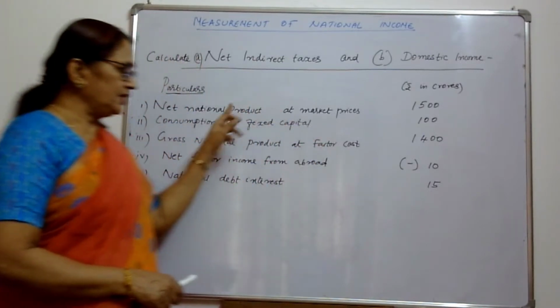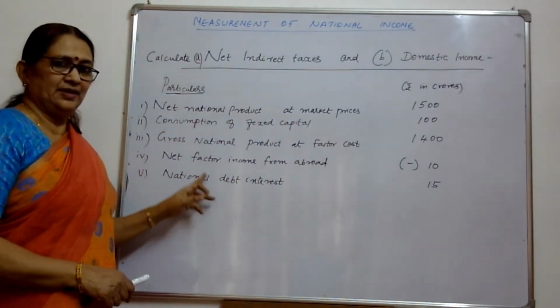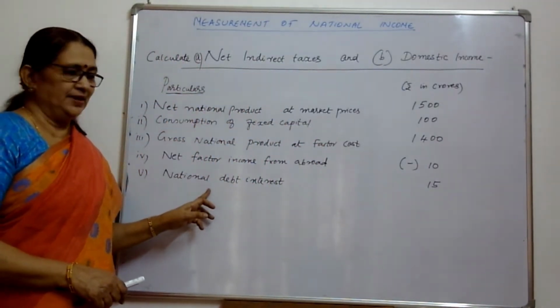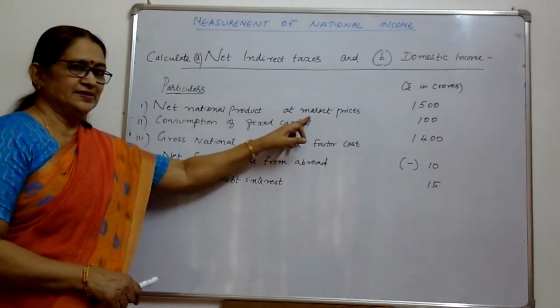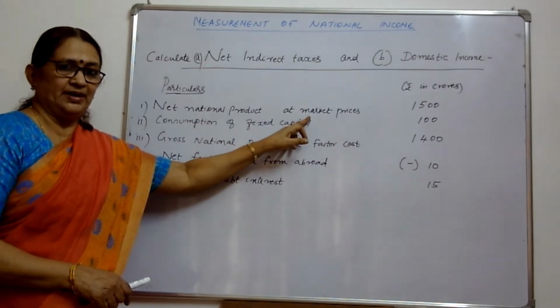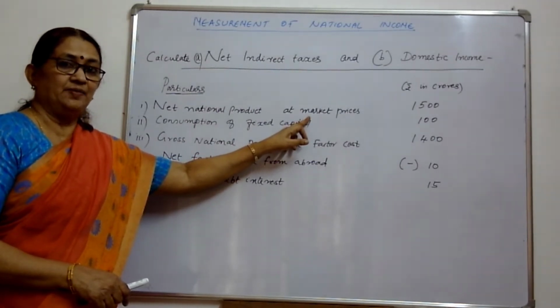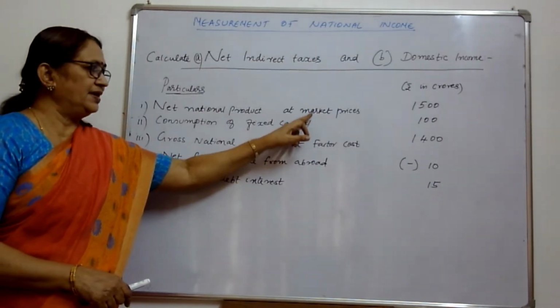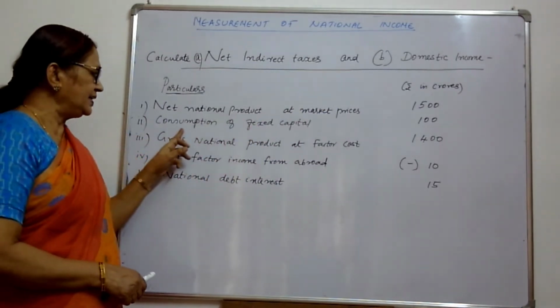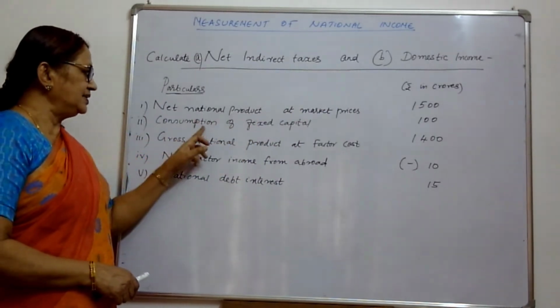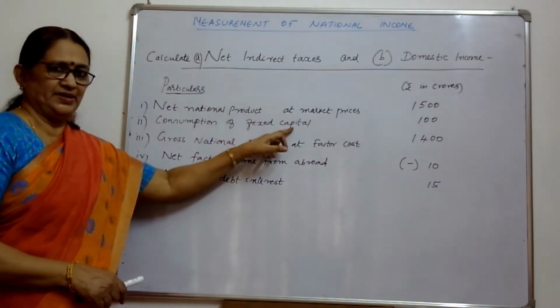Okay. So we will check the particulars given here. Net national product at market price. NNP at market price, that is national product at market price, which includes net indirect taxes, is given as 1500 crores. Next component given is consumption of fixed capital.